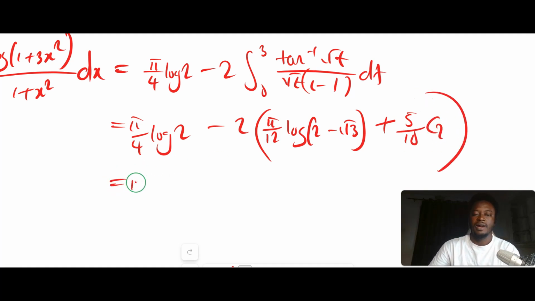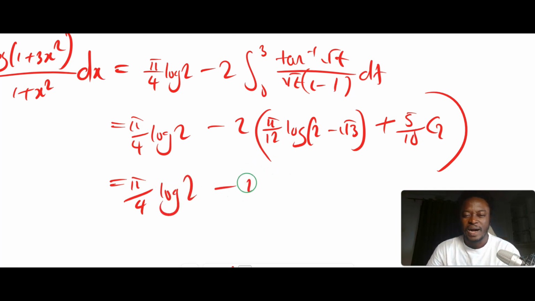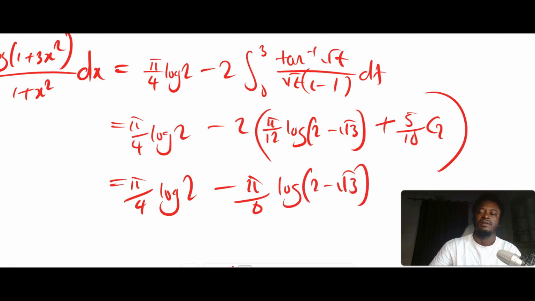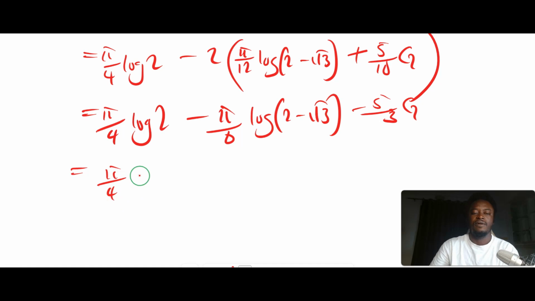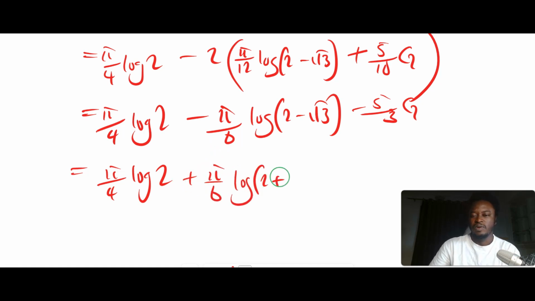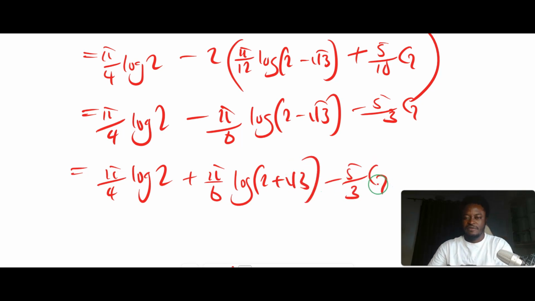Okay, so this will be pi over 4 log 2 minus pi over 6 logarithm of 2 minus square root of 3 minus 5 over 3 G, or this will be pi over 4 logarithm of 2 plus pi over 6 logarithm of 2 plus square root of 3 minus 5 over 3 G. But I want to check if everything is correct.